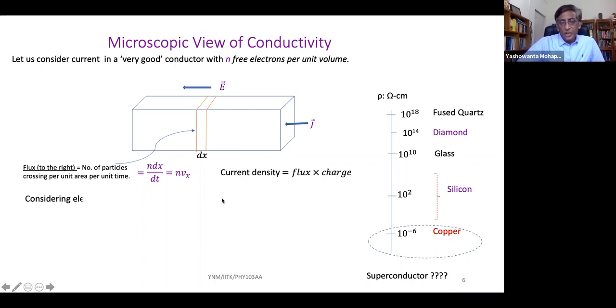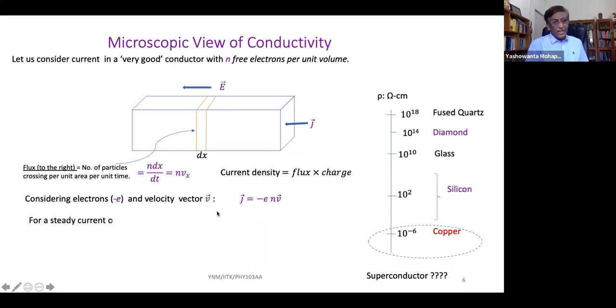I can now consider that these particles are electrons, and in 3 dimensions, let's say the velocity is v. Generalizing, the current density is minus e n v. n v is the flux and minus e is the charge, and that's the current density.